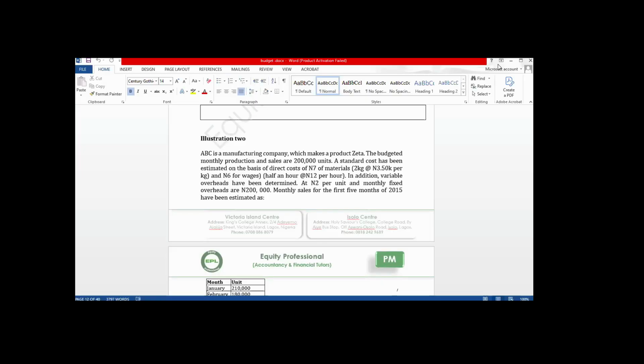Please, there is a difference between cost per unit and cost per hour. Please, there is a difference between cost per unit and cost per kg.